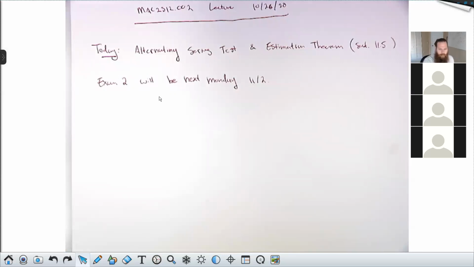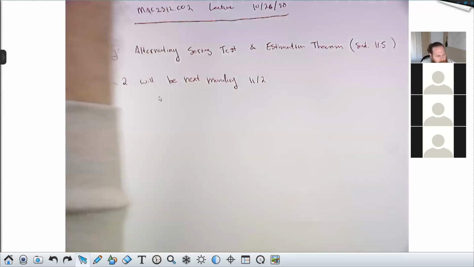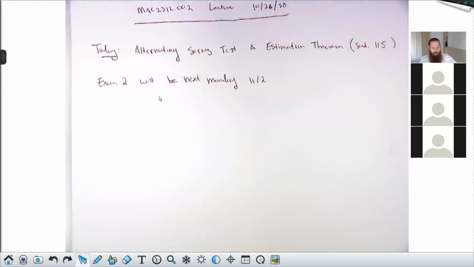So there will be a little bit of material that you'll be learning between today and the test that is new, namely the root and ratio test. Section 11.6 you'll learn on Wednesday, which means you have a little less than a week after learning that new material before you're tested on it, but I feel like it's still a fair, reasonable amount of time. We're not moving inappropriately quickly there. But it is important that you're keeping up with everything from last week and the week before.